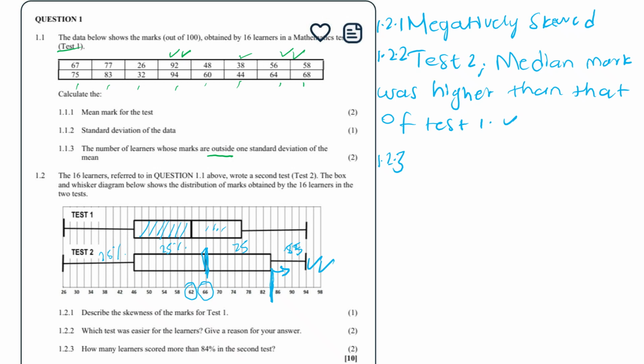Therefore, now to find how many learners scored more than 84% in the second test, it is 25% over 100 multiplied by what? By the 16 learners. Remember, this is the data for the 16 learners, right? Multiplied by 16 learners, and then now the number of learners who scored more than 84% is only 4 learners.